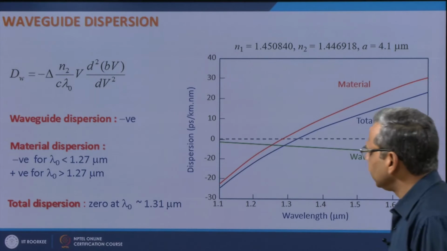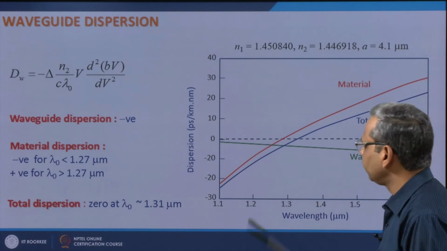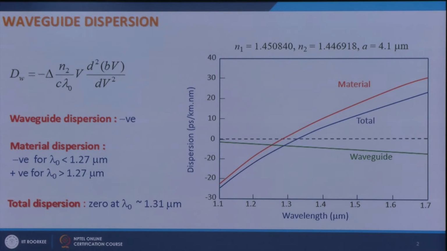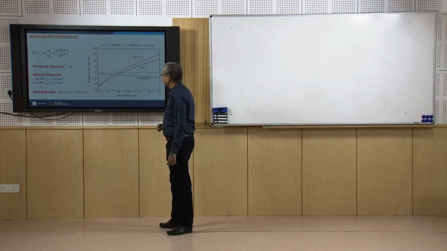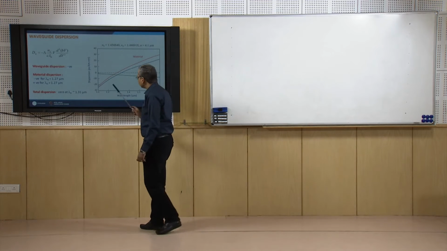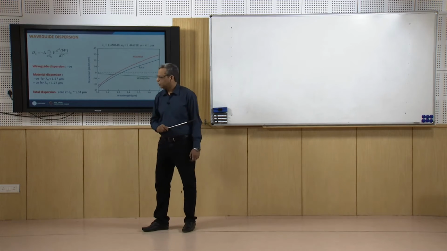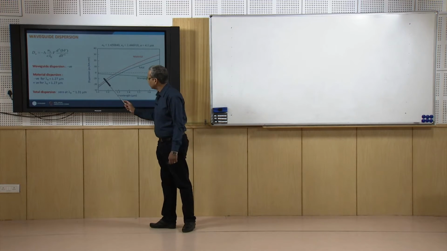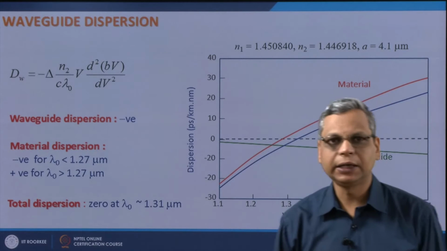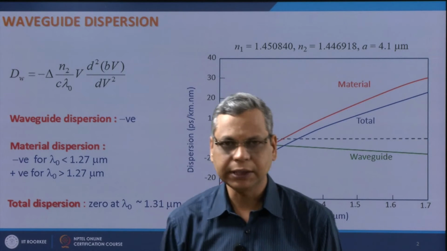It is negative for wavelengths shorter than 1.27 micrometer and positive for wavelengths longer than 1.27 micrometer. So, the total dispersion, which is the summation of the material dispersion and waveguide dispersion, is 0 around a wavelength of 1.31 micrometer. Below this wavelength the total dispersion is negative and above this wavelength the total dispersion is positive.